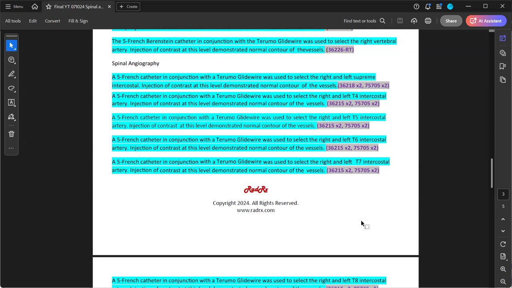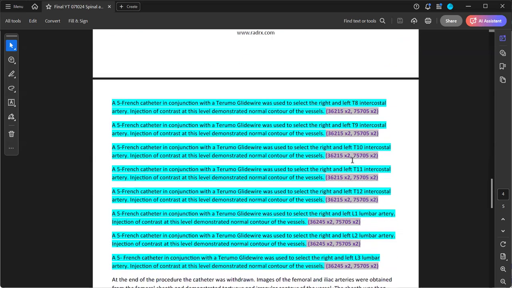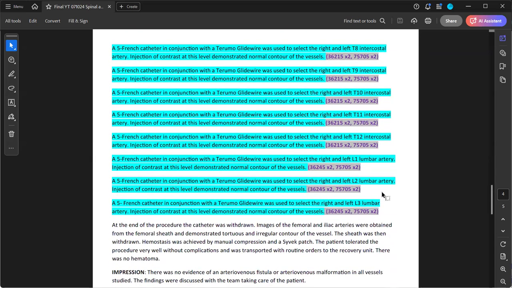So for example, if the physician had selected that right T4, did imaging, and then advanced into an additional branch of the T4, then you would have 75774. But each individual spinal artery is always going to be coded with the 75705 code.